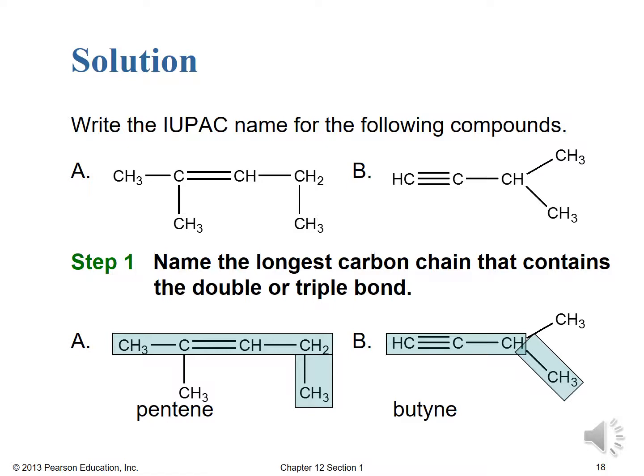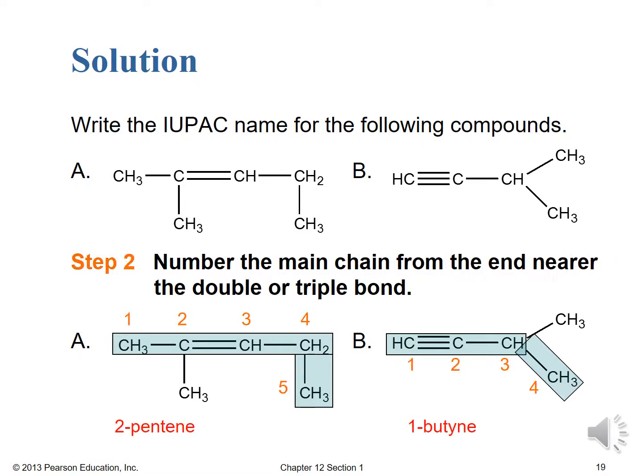Okay, so like you've hopefully gotten used to, step 1 involves naming the longest carbon chain that contains the double or triple bond. So we have a pentene for A, and we have a butyne for B. Moving on to step 2 of our guide, we'll number the main chain from the end near the double or triple bond.